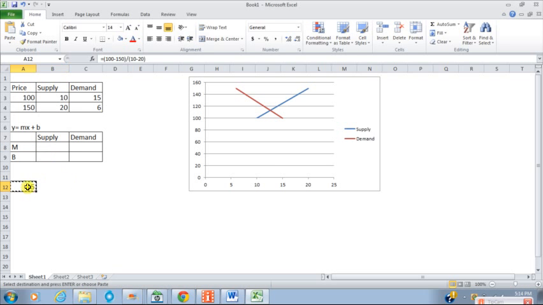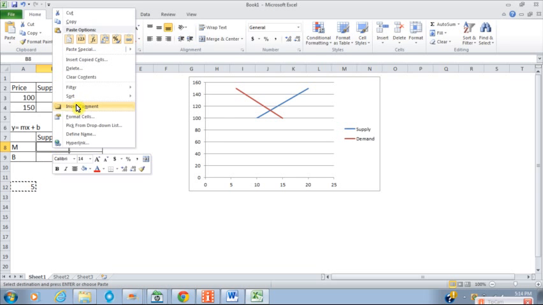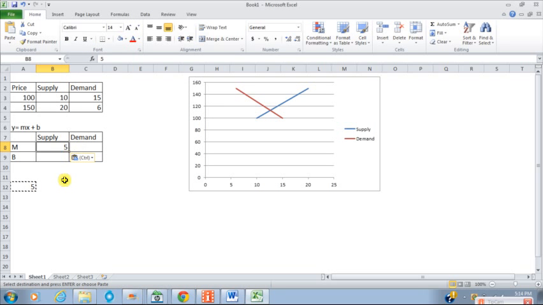So that 5 goes in supply line, slope, and I like to just do some pasting here, just because that way I know it's the exact same number. Okay, now we need the slope for the demand line. So again, our change in price is the same.